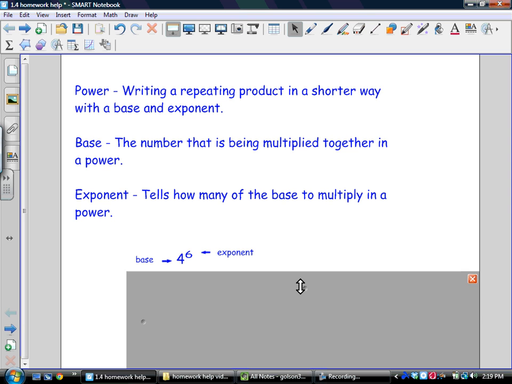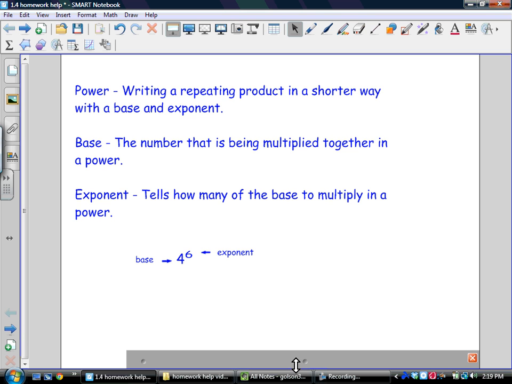So I have an example for you down here, which is 4 raised to the 6th power, which is how we would read this. The 4 then is the base, that's the number that's going to be multiplied, and the 6 is the exponent, which means you're going to have 6 4's multiplied together.